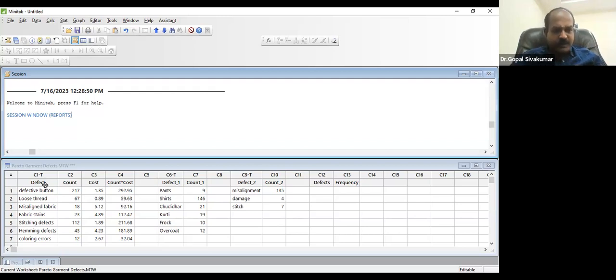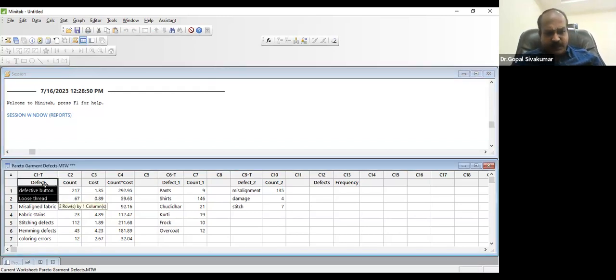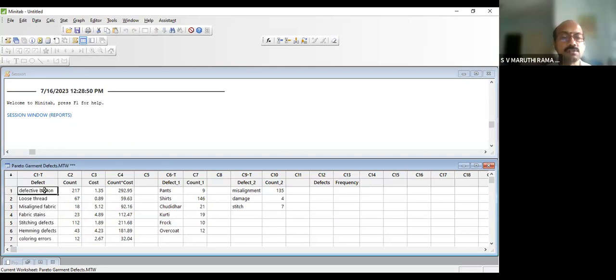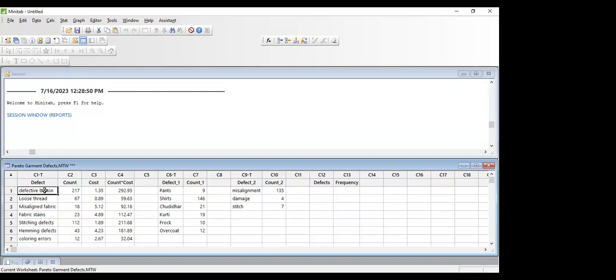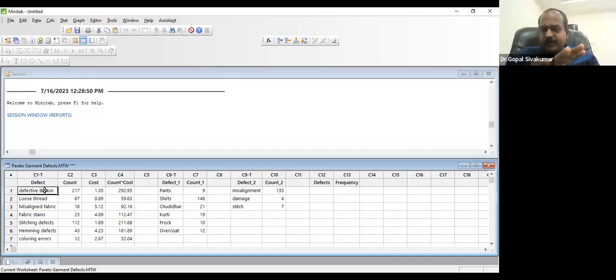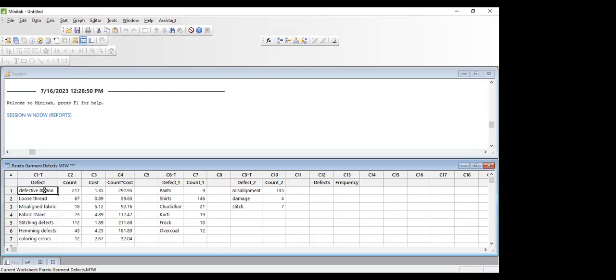And now, can you please read out what is typed here in column 1? Defective button, loose thread, misaligned fabric, fabric stains, stitching defects, hemming. These are all defects, various types of defects happening in a company.